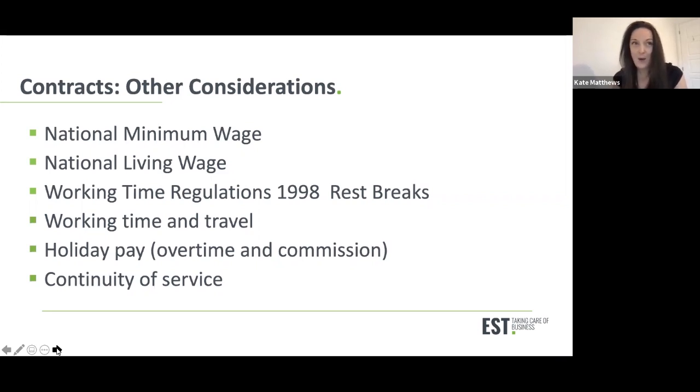essentially from day one, continuity of service begins to accrue. And there's a bit of a myth that you can sack anybody in the first 2 years of employment, and that really isn't true.